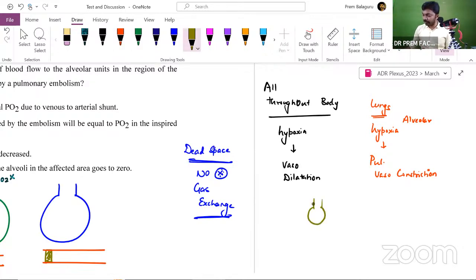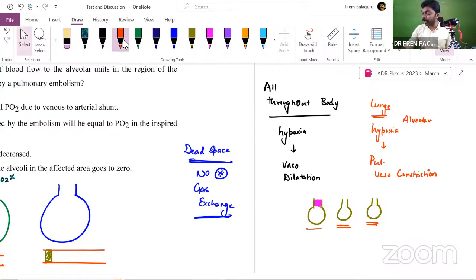Consider this is alveoli number 1, alveoli number 2, and alveoli number 3. In a normal scenario, we have pulmonary capillaries like this. Wherever there is alveolar hypoxia, since there is a blockage of the alveoli, the blood vessel going to that particular alveoli will be completely collapsed, and the blood that is supposed to go into the first pulmonary capillary will go to the second pulmonary capillary.